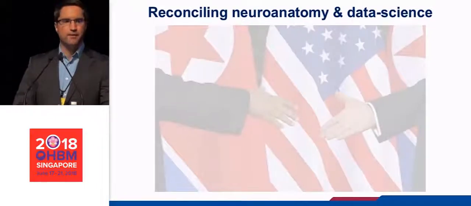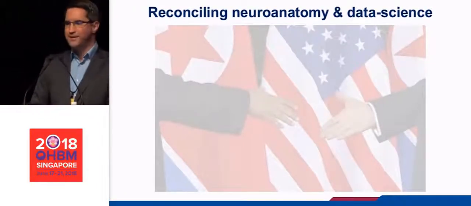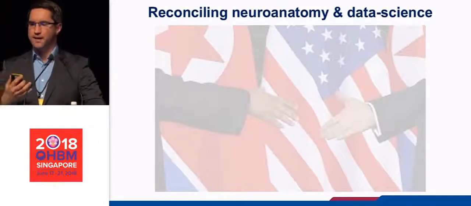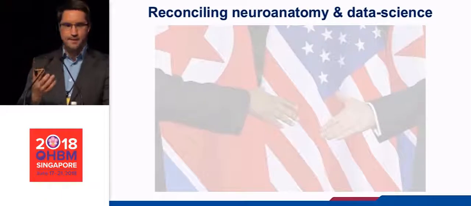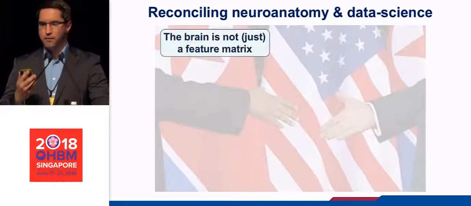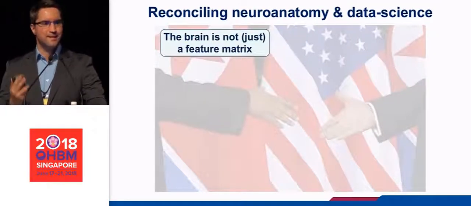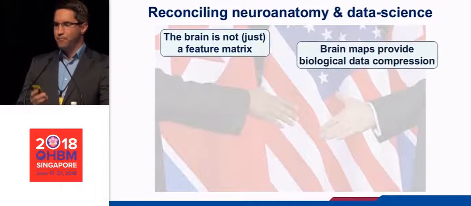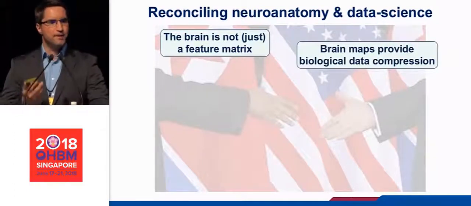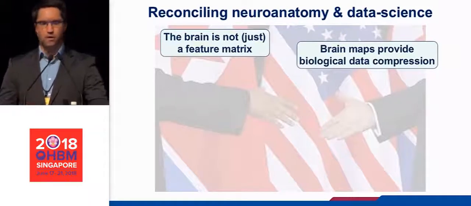And in keeping with something that was a big topic here in Singapore last week, I would suggest that we need to more reconcile the precise deep neuroanatomy with the big data science approaches, because the brain is not just a feature matrix. It's actually something that's interesting in itself. Brain maps can provide a biological data compression that is actually meaningful and that transfers also across modalities.